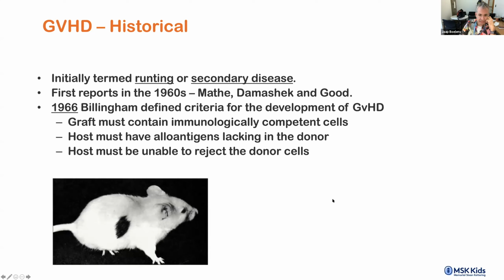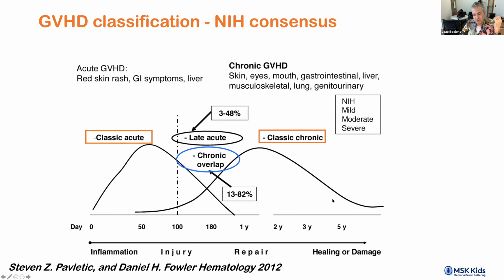And the first grading or the first criteria for graft versus host were defined in 1966. Of course, that has evolved over the last couple of decades because we were more successful in the 70s and 80s and later. And now there's an NIH consensus classification, published about 8 years ago.